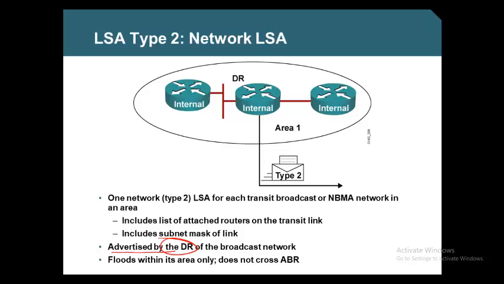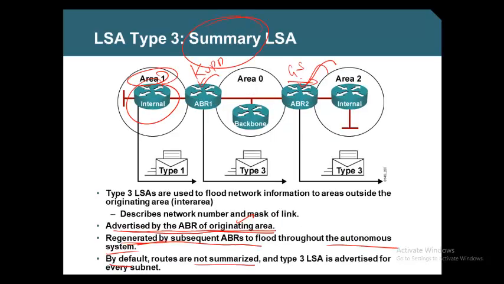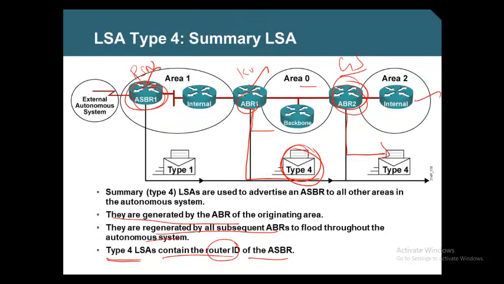This originates from the summarization point, which is the ABR. Type 4 LSA brings the router ID of the ASBR, and this originates from every ABR. Type 5 LSA originates from the ASBR. This is the one responsible for bringing external networks inside our autonomous system.